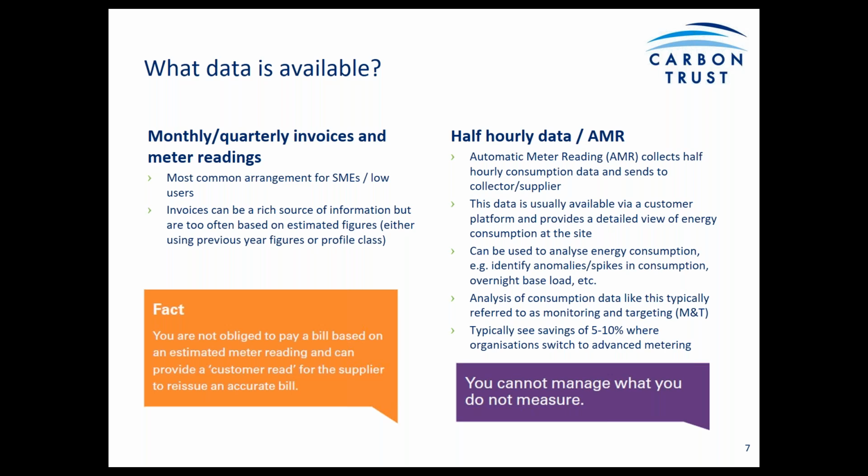Sites that have automatic meter readings, normally referred to as AMR, often have access to half-hourly consumption data, normally via the electricity supplier or the data collection company. And this data is usually available via a customer platform, so provides a detailed view of the energy consumption at the site, which can then potentially be used to analyze the energy consumption.